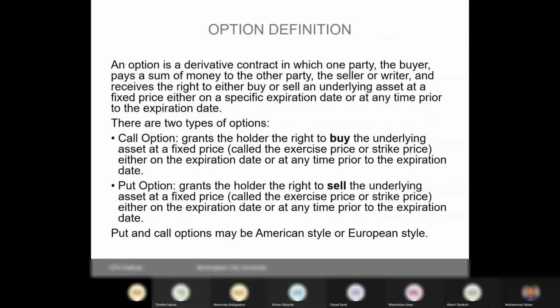Okay, next we have options. So an option is again a derivative contract in which one party, the buyer, has the right to buy or the right to sell a particular underlying, at a particular time, in a particular quantity, to the seller in the contract. So let me just write it here.